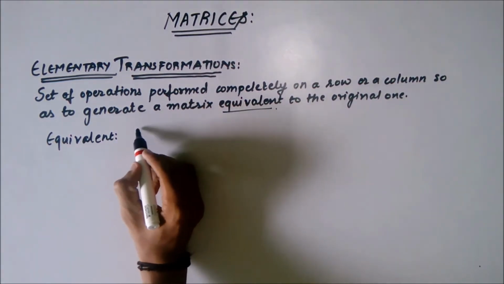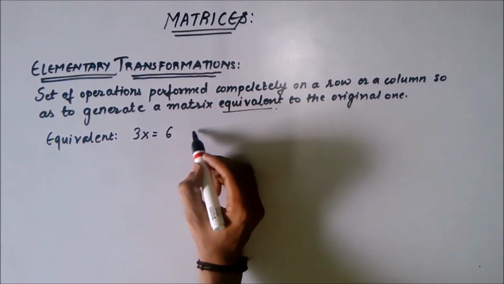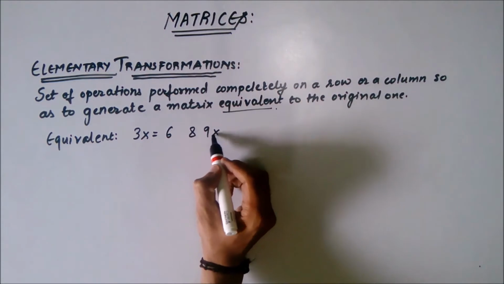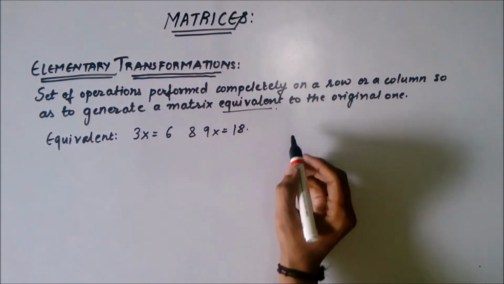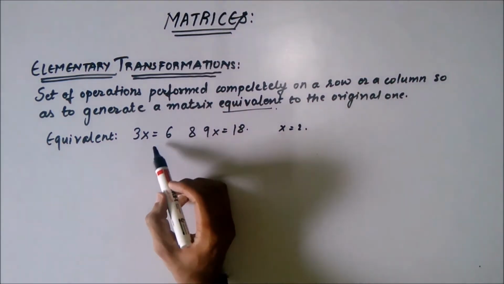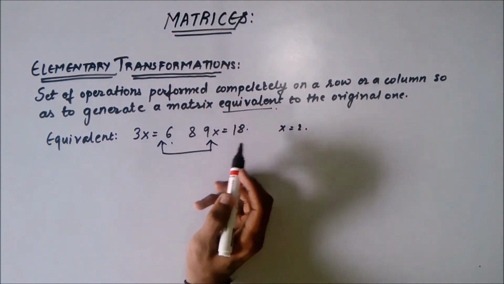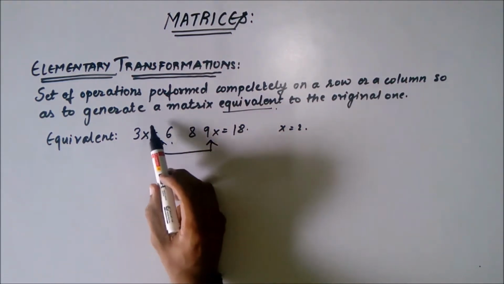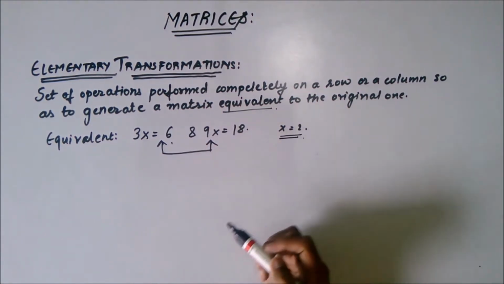Let us say there is an equation 3x is equal to 6 and 9x equal to 18. Now, both these equations give the value x equal to 2. This does not mean that both these equations are equal. They are equivalent as they produce same effect on the value of x, that is x equal to 2.